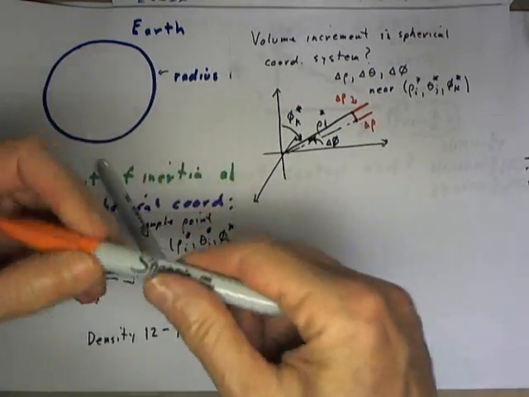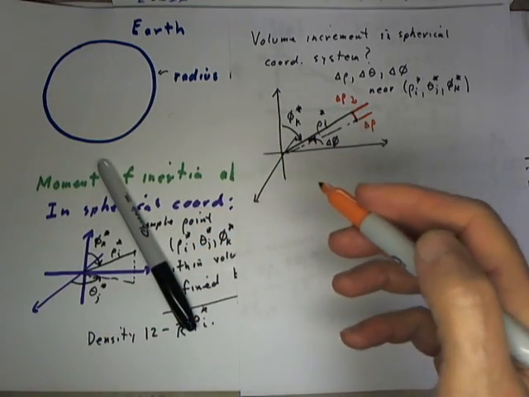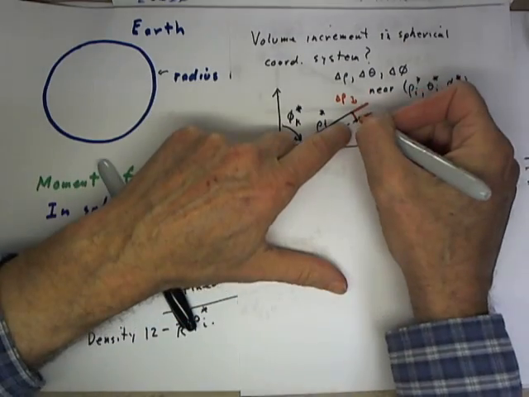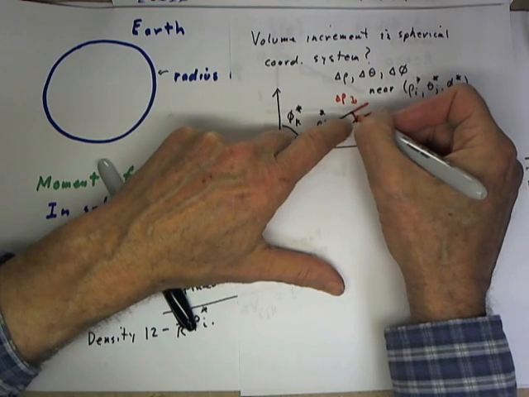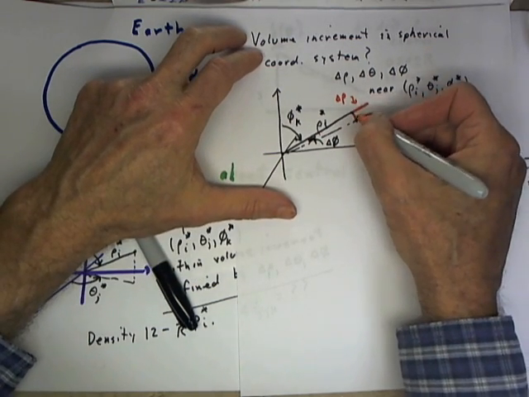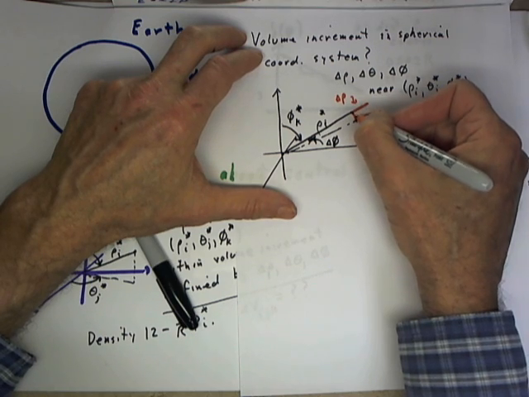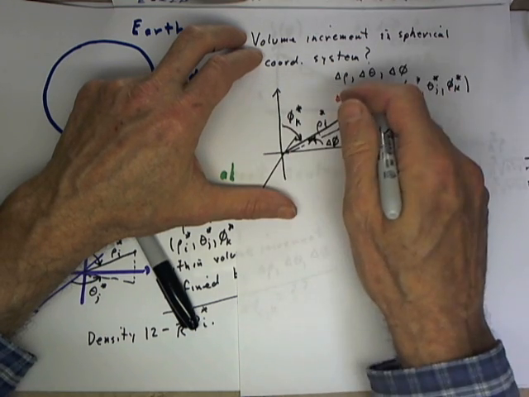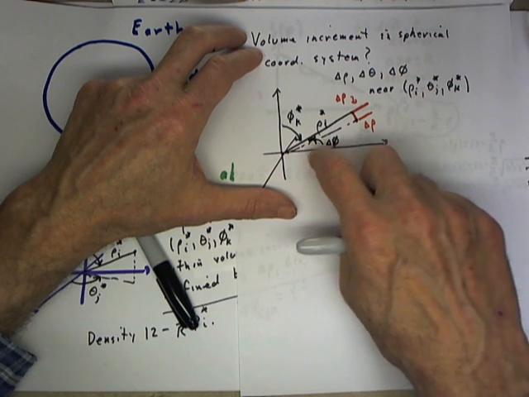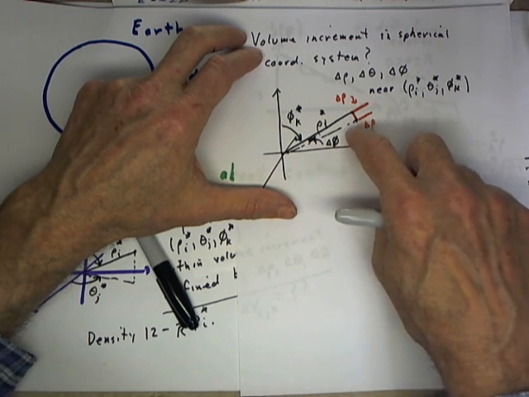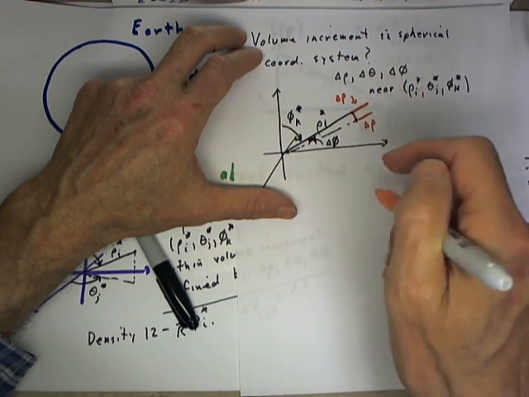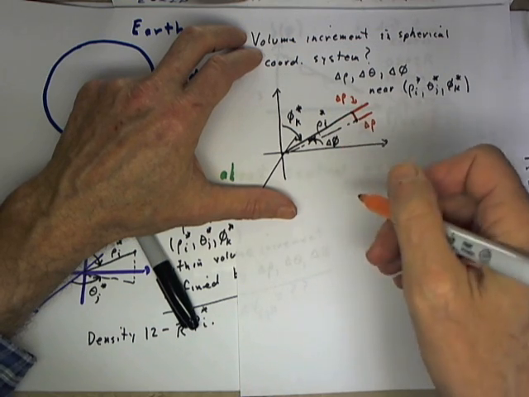And as we know from looking at polar coordinates, this distance here is going to be an arc of a circle of radius rho with central angle delta phi, so this distance is just rho delta phi.